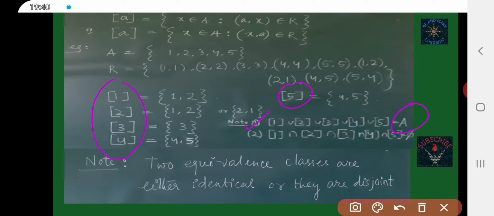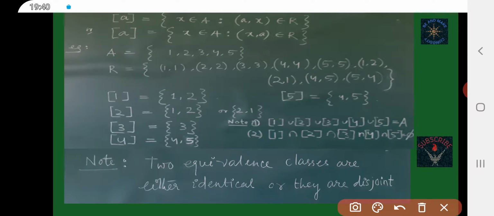Okay, you get a set, and this set {1, 2}, this set {3}, this set {4, 5}, we also say this is partition 1, this is partition 2, this is partition 3. Okay, the union of partition 1, partition 2, partition 3 is your set A.